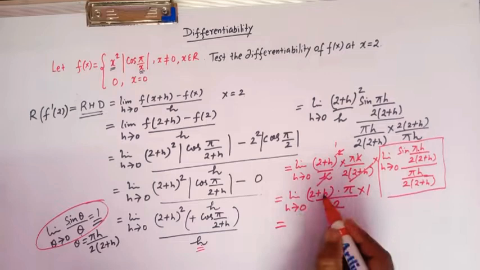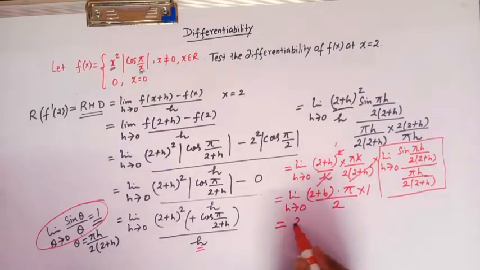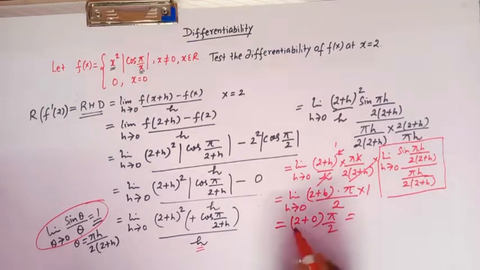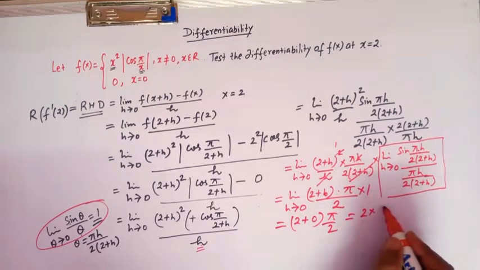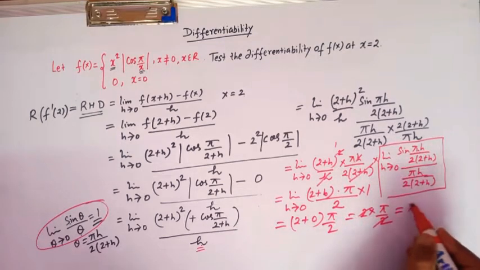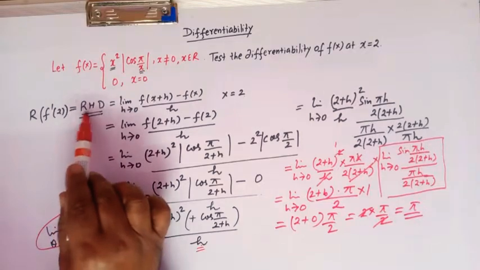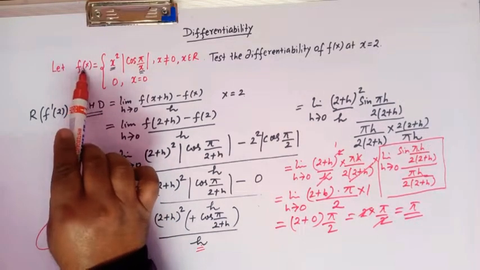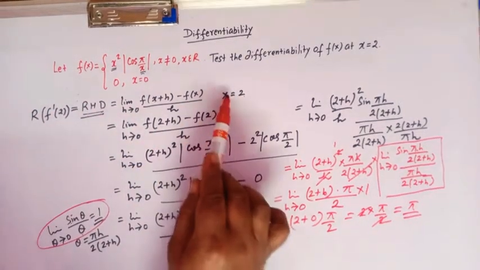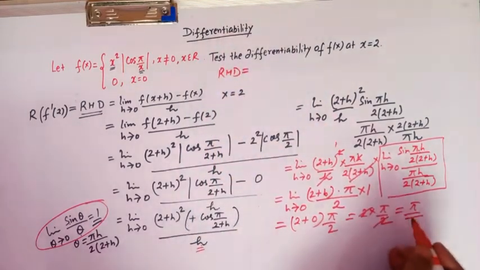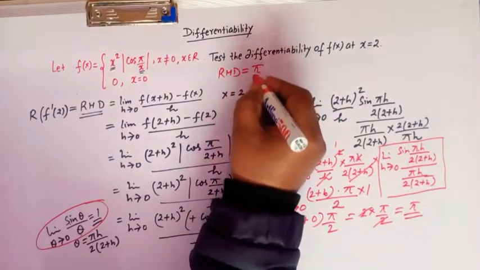Now if we take h equal to 0, we have (2 plus 0) times pi over 2, so 2 times pi over 2, so 2 and 2 get cancelled, and we are left with pi, right? So the right hand derivative of this function at x equal to 2 is given by this value pi, right?